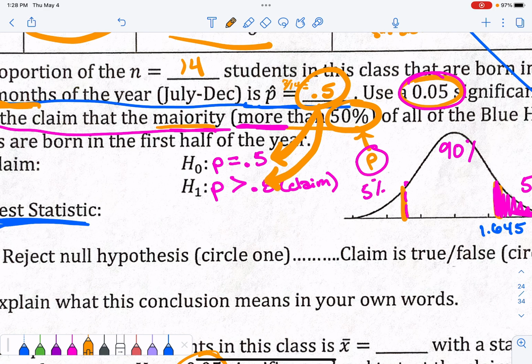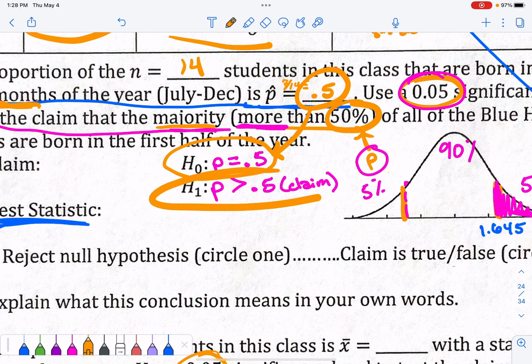Now, I understand that 50% is equal to 50%, so I'm guessing that what I'm going to end up doing is circling that top one. But is it 50% just for our data, or would it normally, if we did a bunch of data, be greater than 50%? That is what we have to come up with a conclusion on.